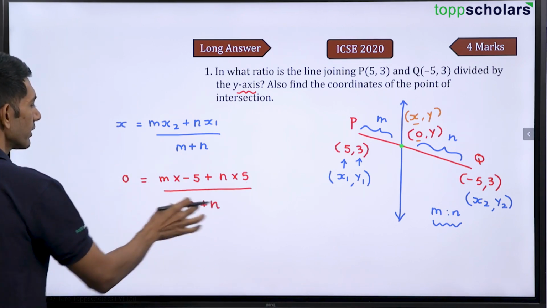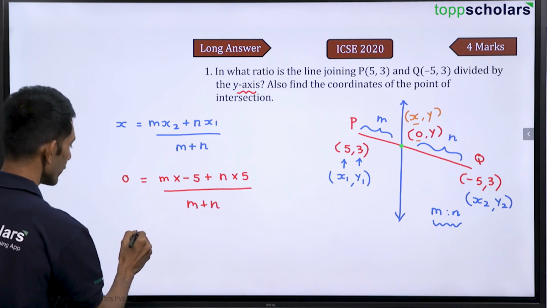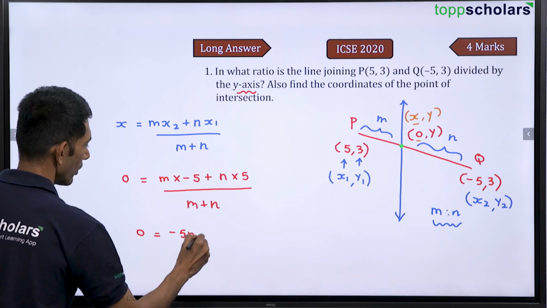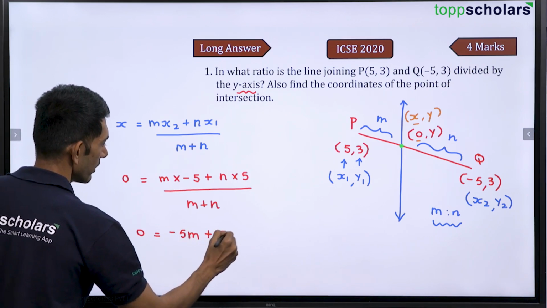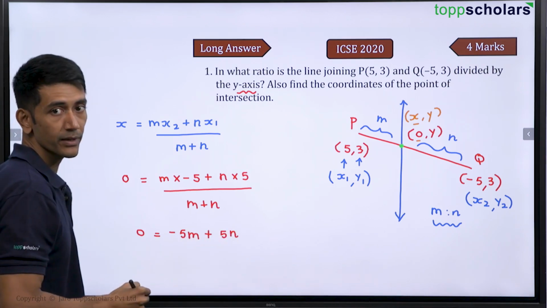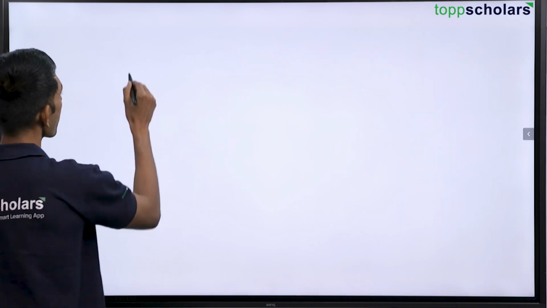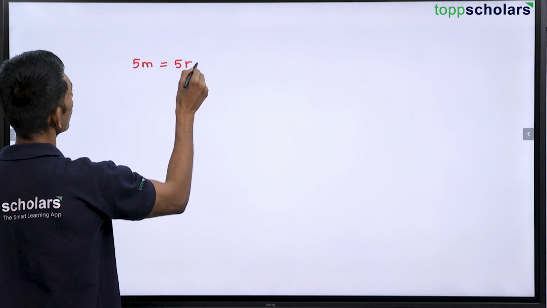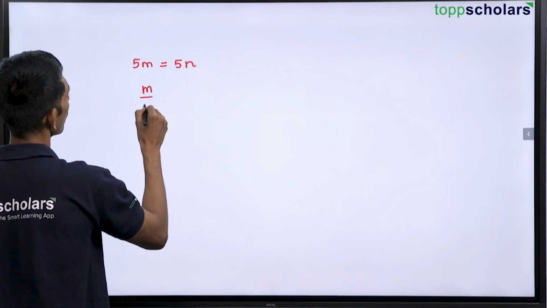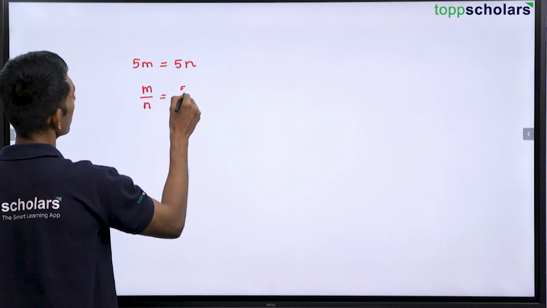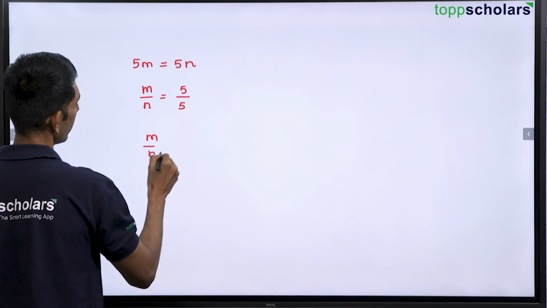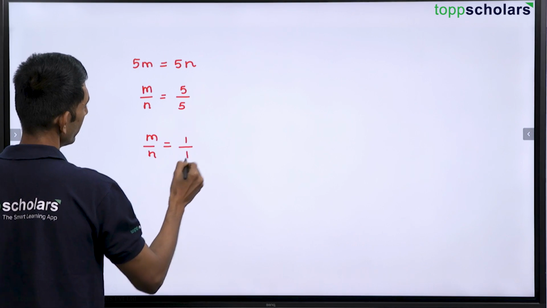So m plus n will go here, that will become 0. So 0 is equal to -5m + 5n, correct? So can I say 5m is equal to 5n. So m by n is equal to 5 by 5, so m by n will be equal to 1 by 1.